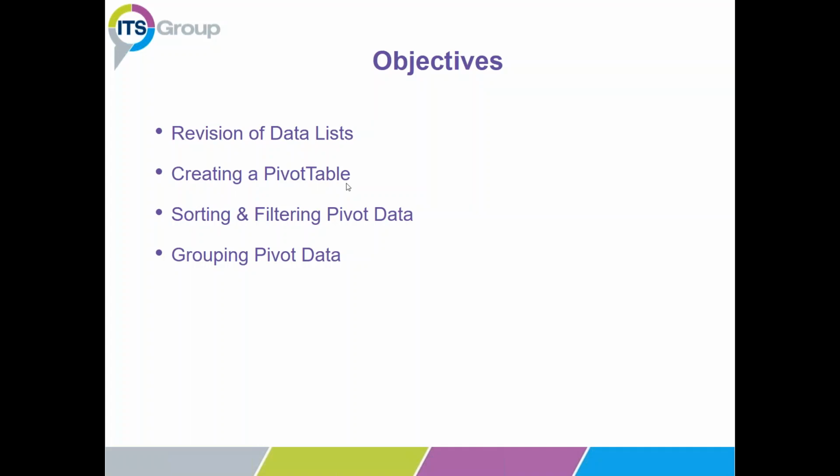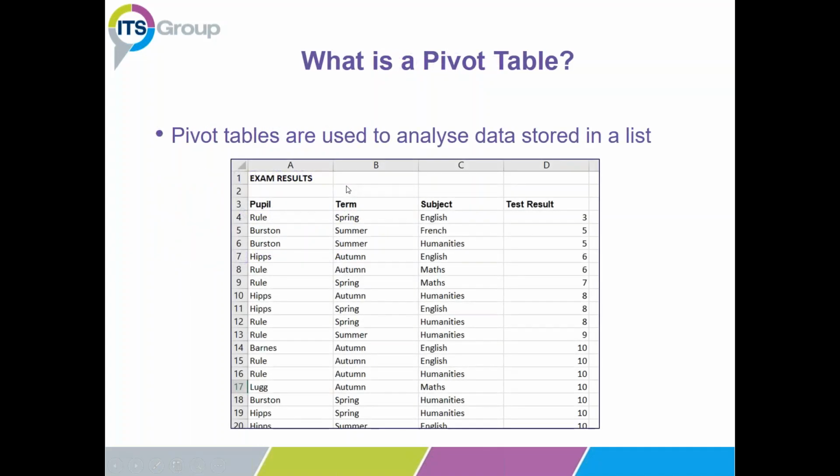So what is a pivot table then? Well, pivot tables are used to analyse data that's stored in list format. So just as an example that you can see on the screen there, this is only a small example, but usually pivots are used to analyse lists of data that have got many hundreds or even thousands of rows and lots and lots of columns.